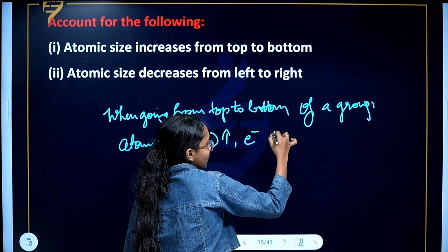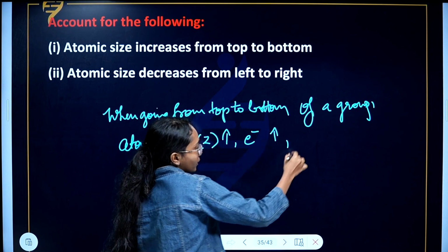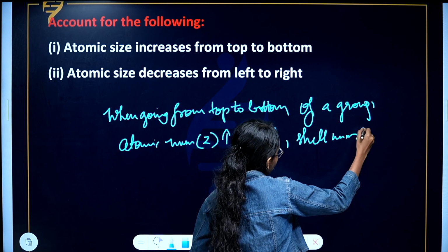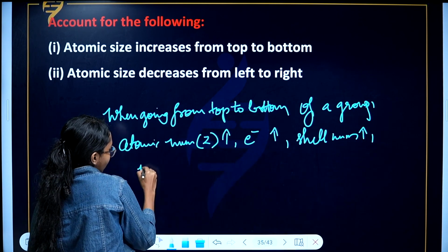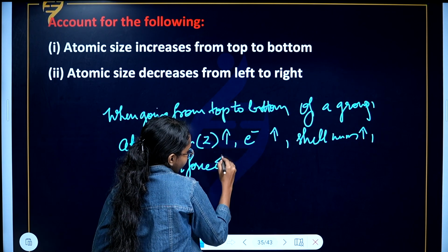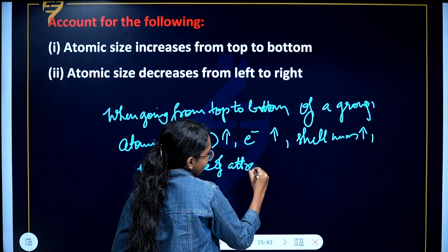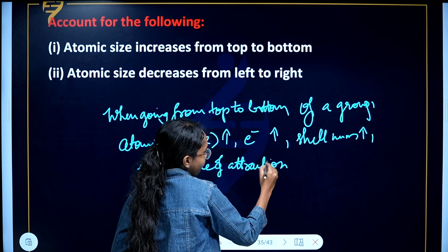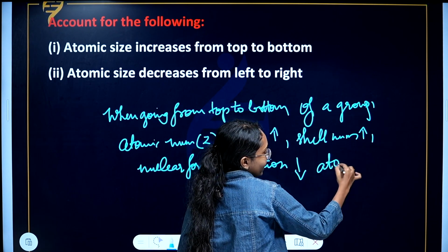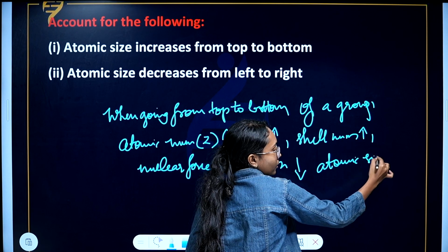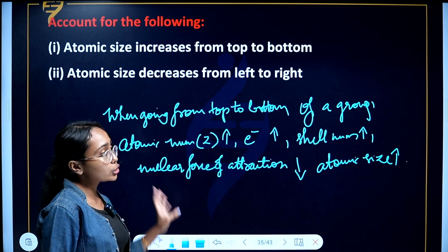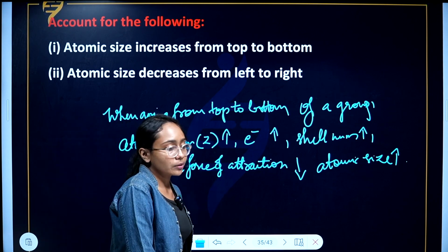Number of electrons increases, shell number increases, nuclear force of attraction decreases, hence atomic size increases. This is how you need to approach the question when given in your question paper.